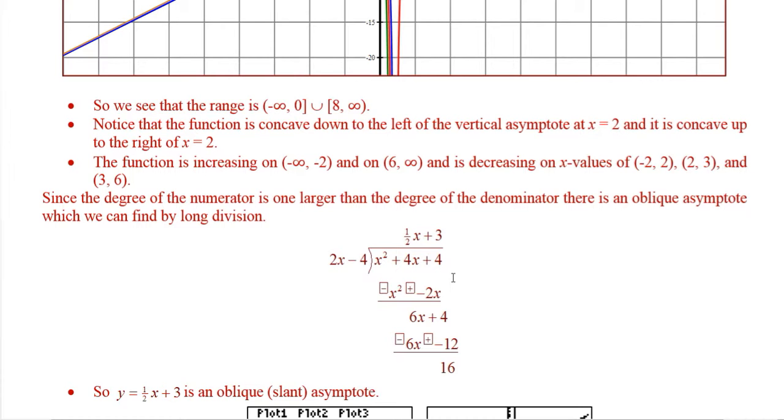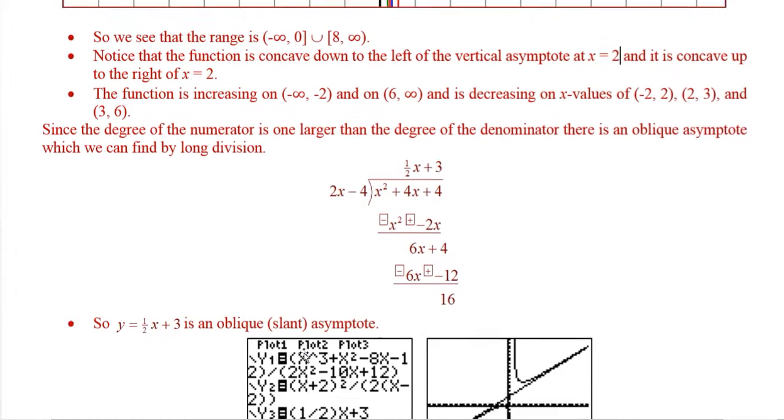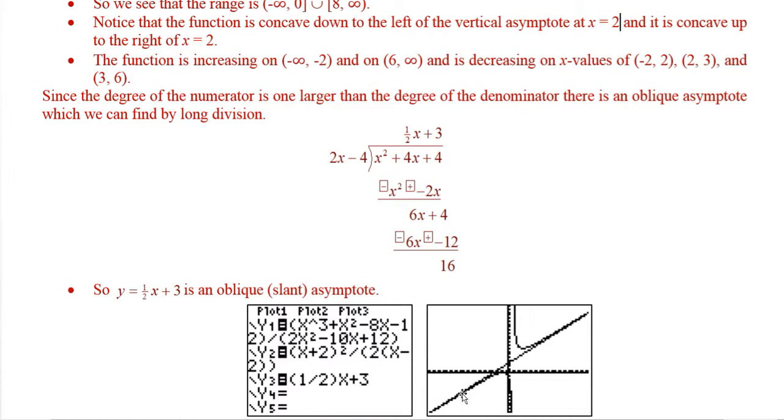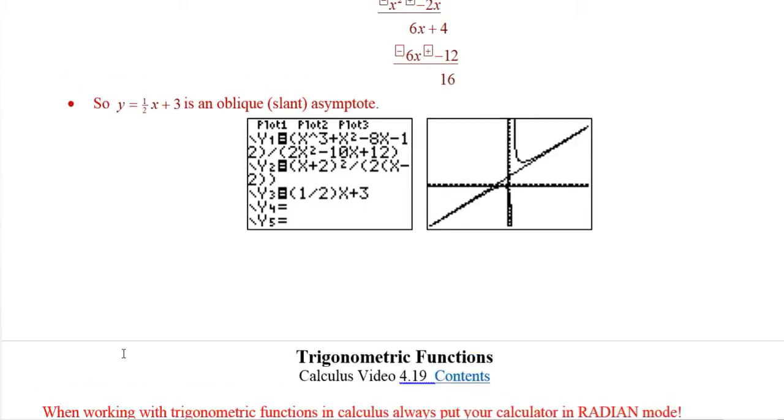And you could write it that way. Now notice as x goes to infinity, that fraction part, the 16 over 2x minus 4, goes to 0. And the graph approaches this slanted asymptote, or oblique asymptote, of 1/2 x plus 3. So if I graph it with that, there's the asymptote graph, and you can see graphically that it works out.